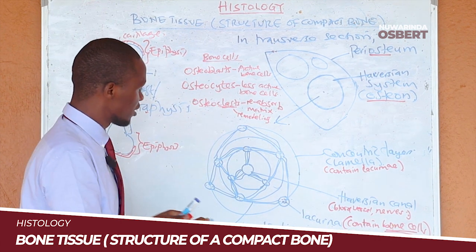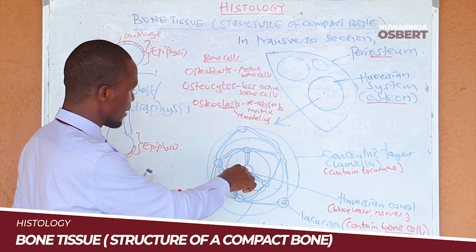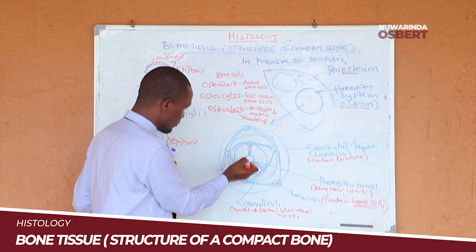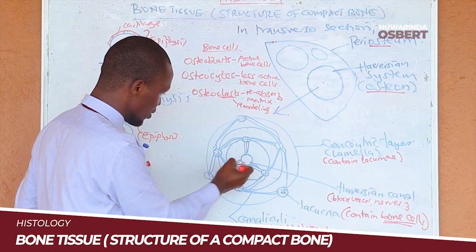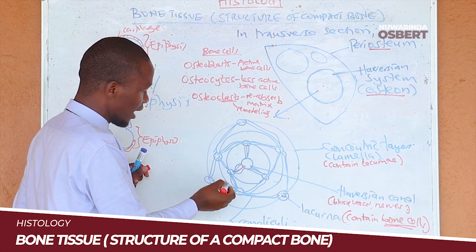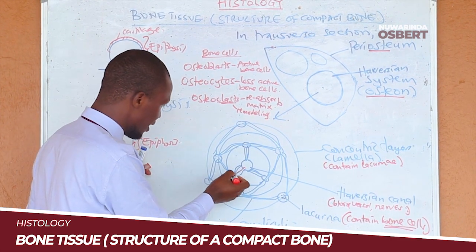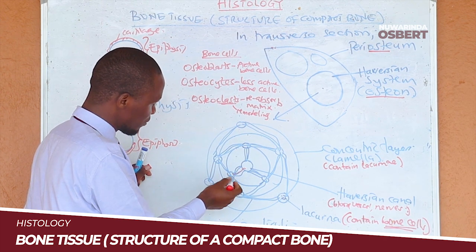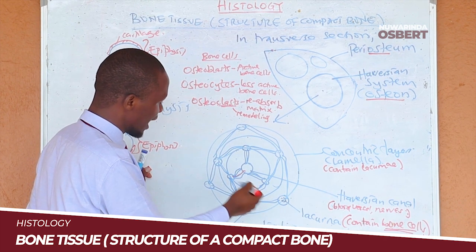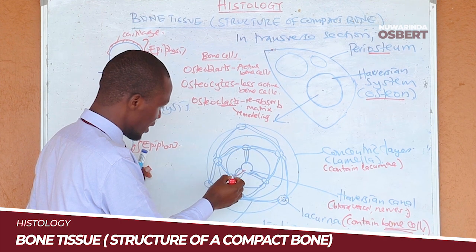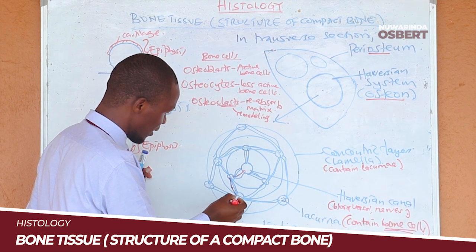When blood vessels come and move here, it is from here that they branch and enter into this lacunae and supply these bone cells with nutrients. And from here, blood is also distributed to this side, and then from here to here.